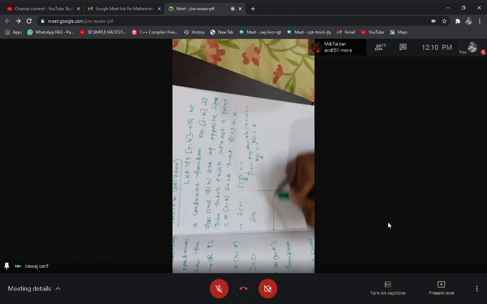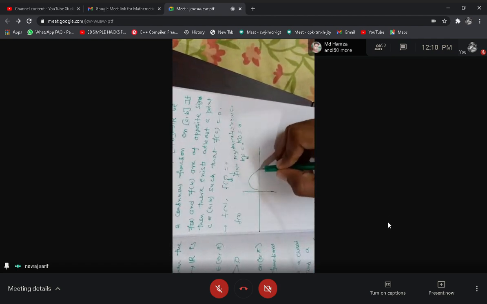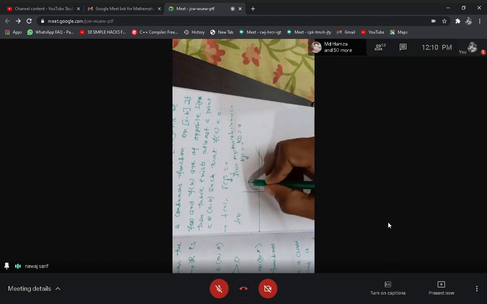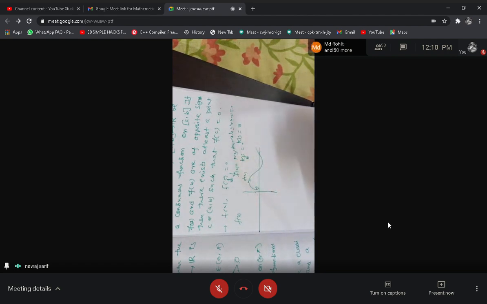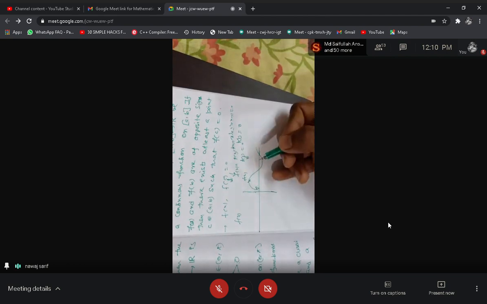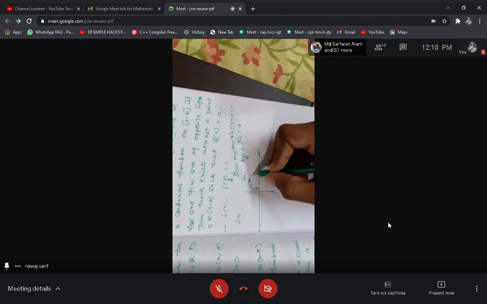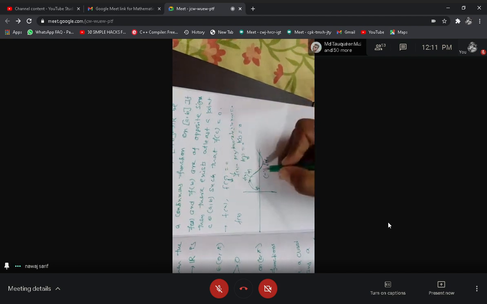If this is a graph of a function, when this function is above the x-axis, it is always positive. When it comes below the x-axis, it is negative.